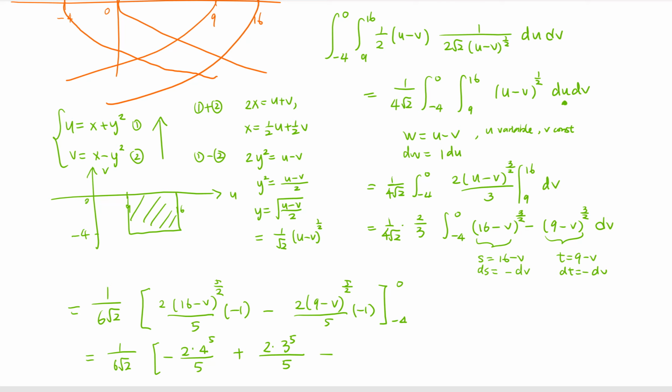And then we should subtract when we plug in minus 4. So here minus negative, and we have 16 minus negative 4, which is 20, so that is 20 to the 5/2 over 5, and here minus become plus, 4 plus 9, 13 to the 5/2.